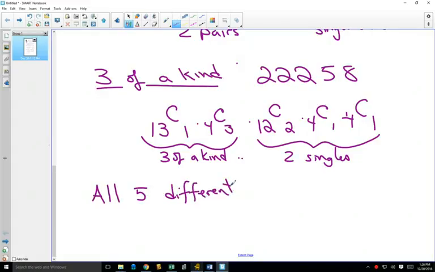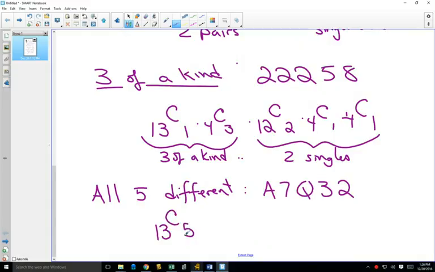What would you do if you wanted a really bad hand? All 5 different. Okay? So we'd have like ace, 7, queen, 3, 2. Wonderful hand. Ace high. Well, if all 5 were different, you'd have to choose them.